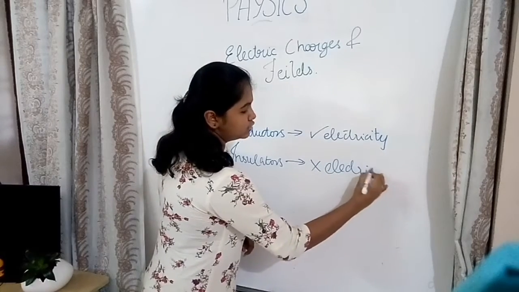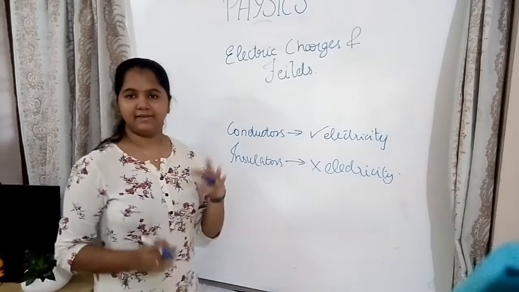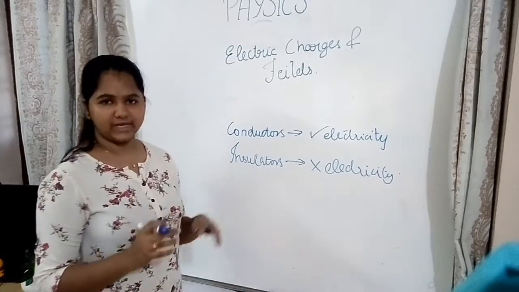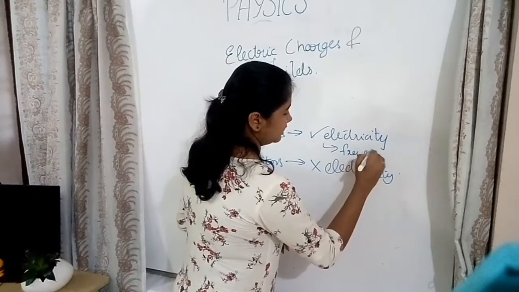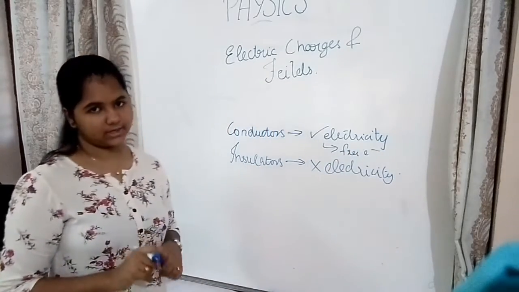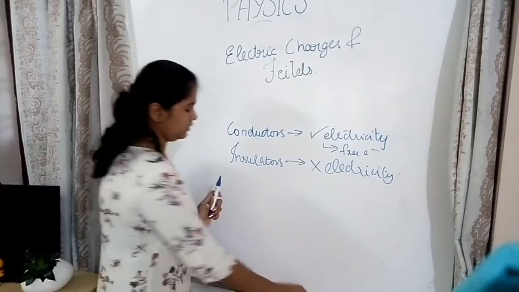Why do conductors allow electricity to pass? That is because there are free electrons in conductors, and that is why conductors allow electricity to pass through them.